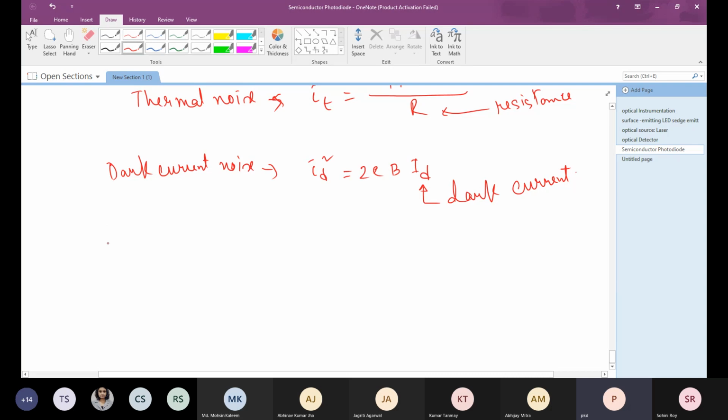There is another important noise, which is shot noise. Shot noise: the variation in the number of electrons in a time interval delta t is given by some distribution.